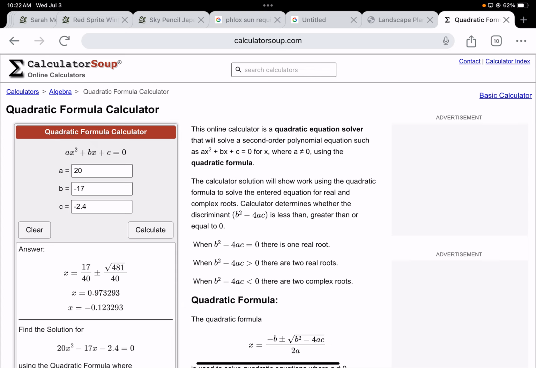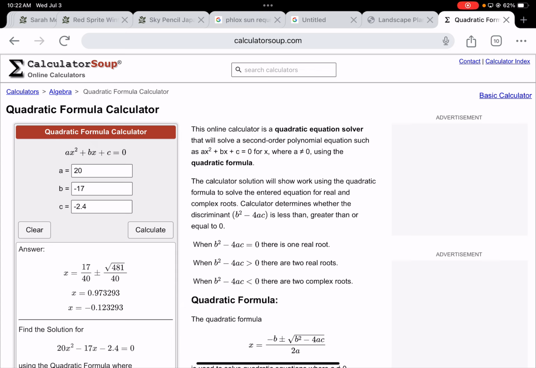Let me go ahead and show you. Oh, I need to switch this first. I'll spend our break time figuring out why it's not working.